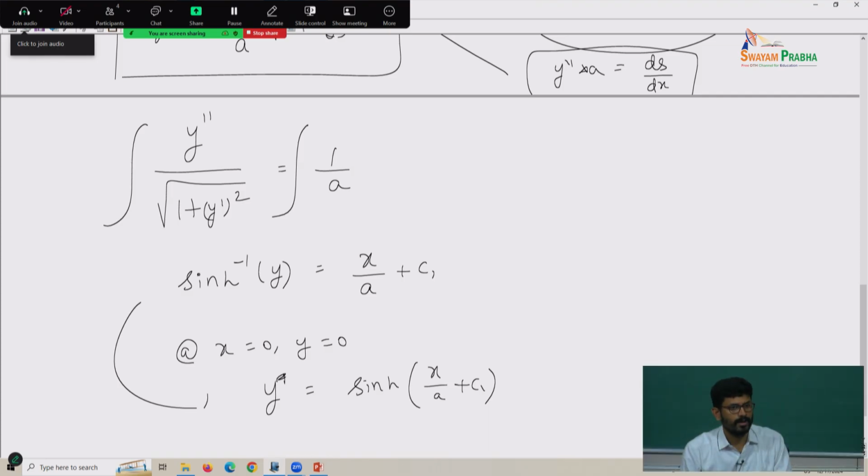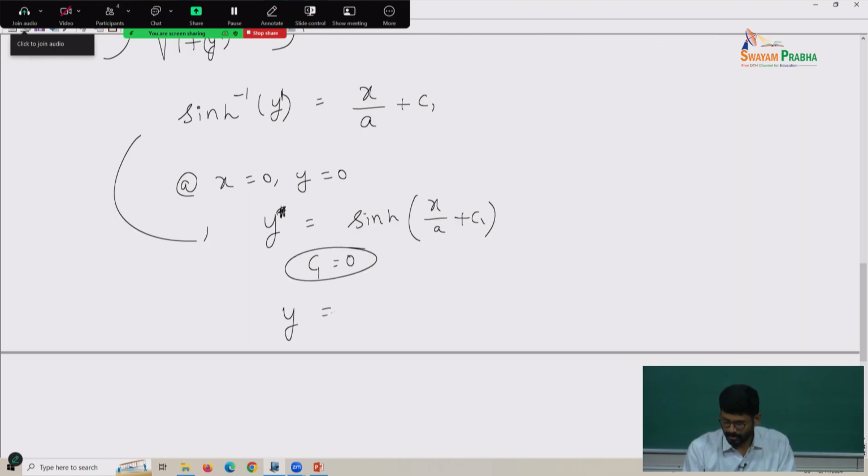Y dash, okay. So when x equal to 0, y dash is also 0, which will give us c1 equal to 0. So this will give me y dash equal to sine hyperbolic x by a. Is that correct, sir?